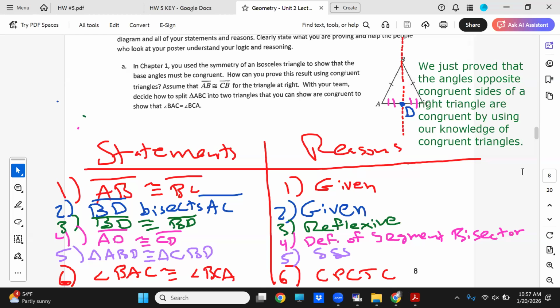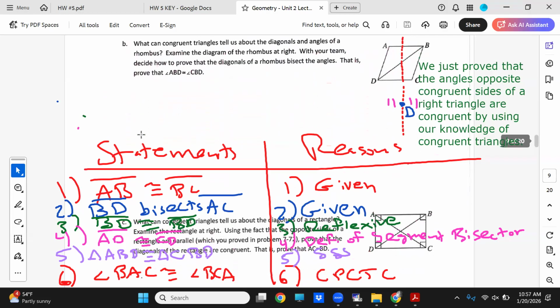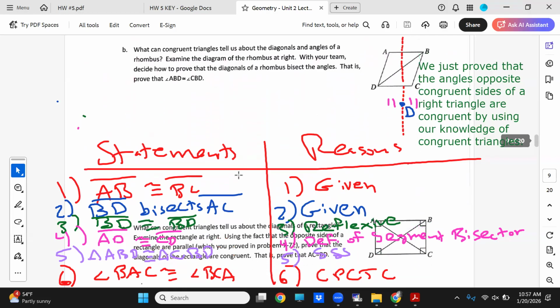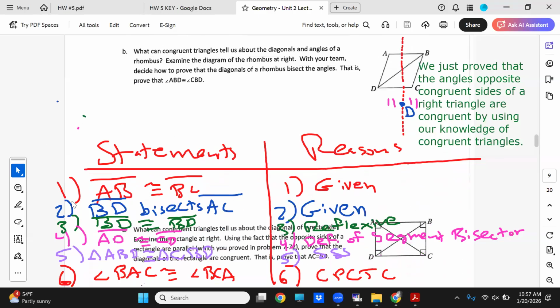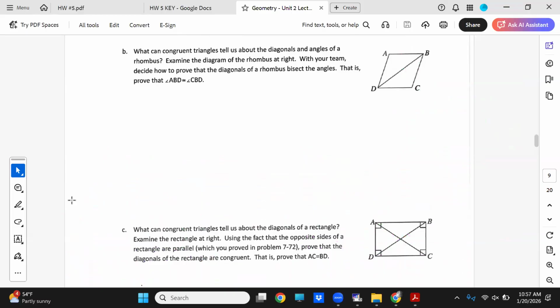Okay, guys, let's keep moving. All right, part B and part C. I'm going to tee these up for you. So we've got 2 more proofs and we're done.